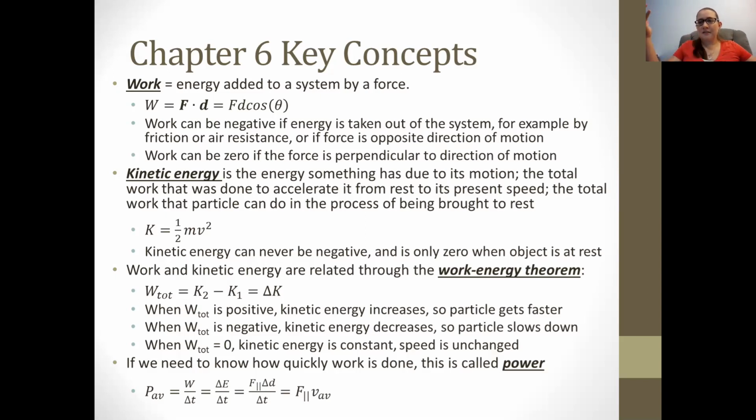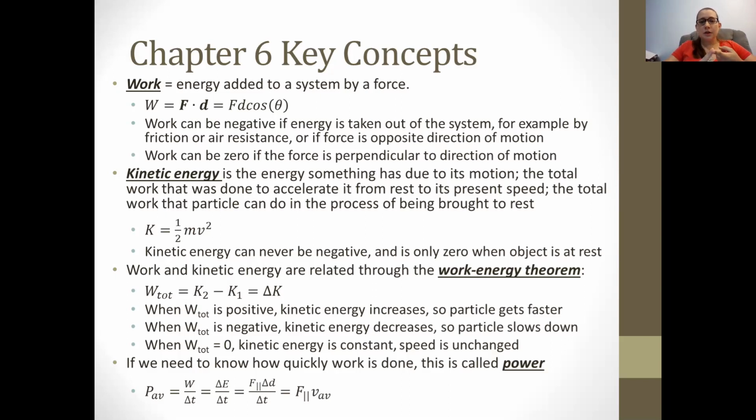But we can also have work that's negative, right? If we're pushing in the opposite direction of the displacement. So for example, friction, since that acts in the direction opposing motion, is a negative work. It kind of takes energy out of the system. So we need to keep in mind the direction of the force, the direction that the object is moving, and the angle between those things if they're not in the same direction.